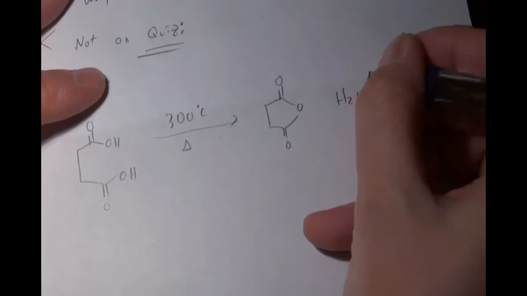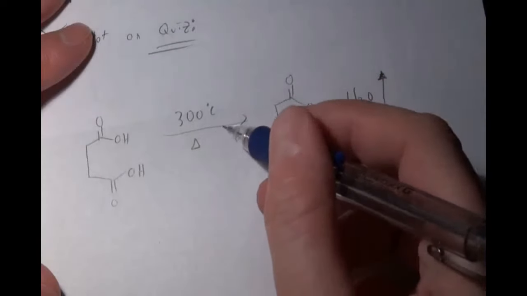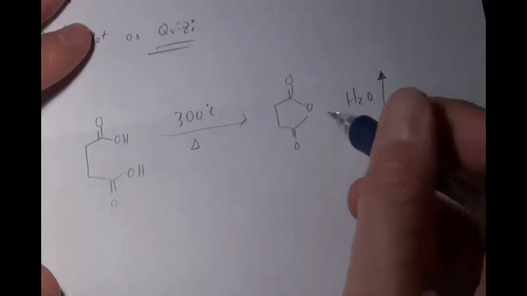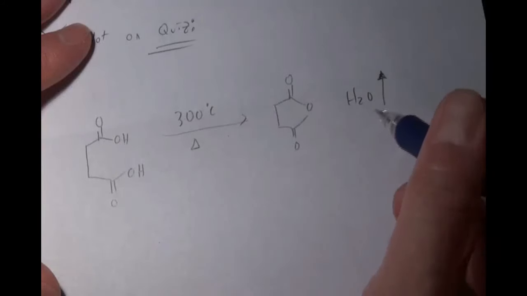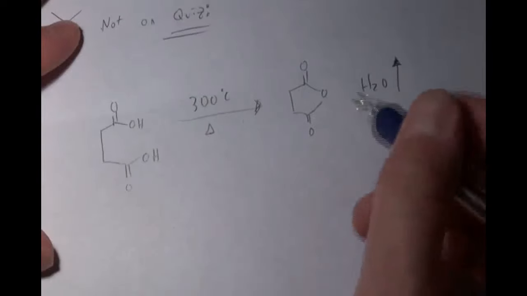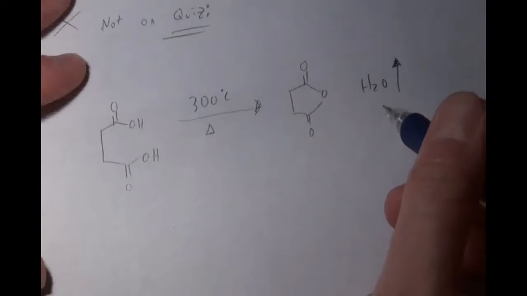What's the boiling point of water? It's 100 degrees, so we're cooking this really hot, kicking out water. The water vaporizes, and that drives forward this equilibrium. So it's going to be a series of equilibrium reactions followed by kicking out water, and that's irreversible, right?